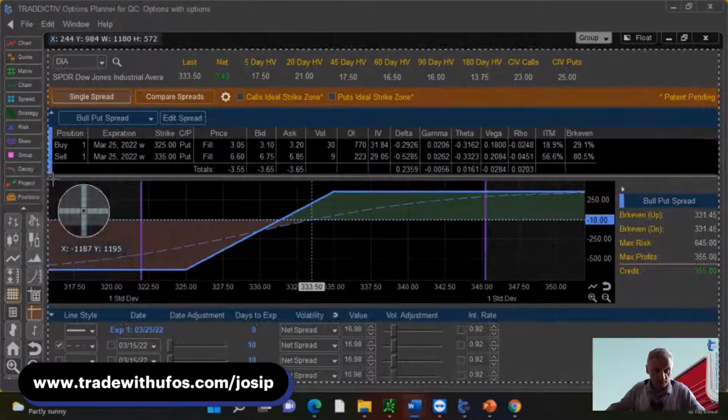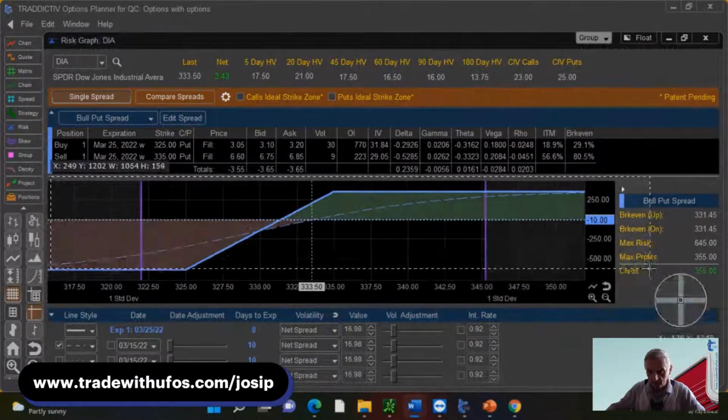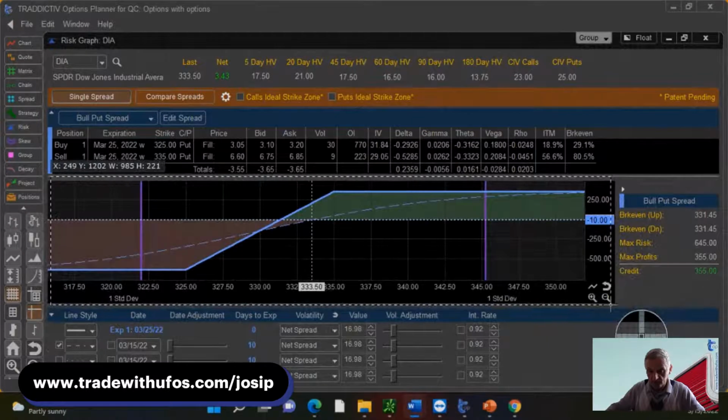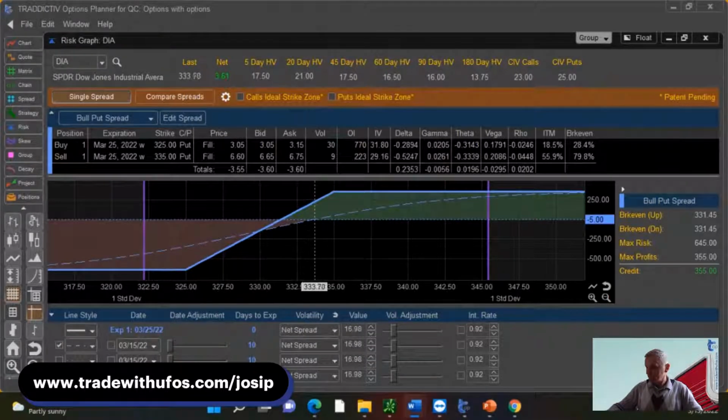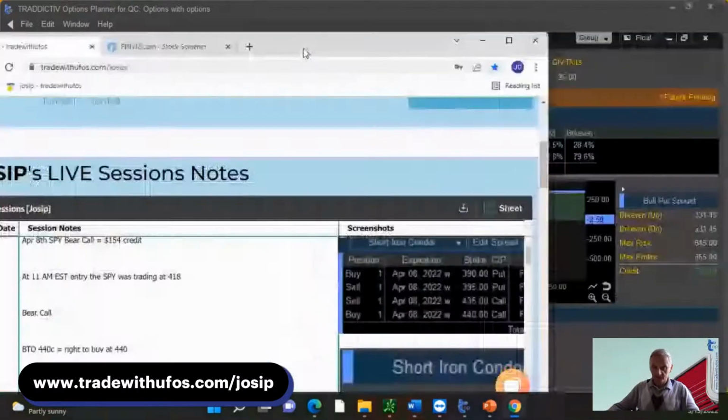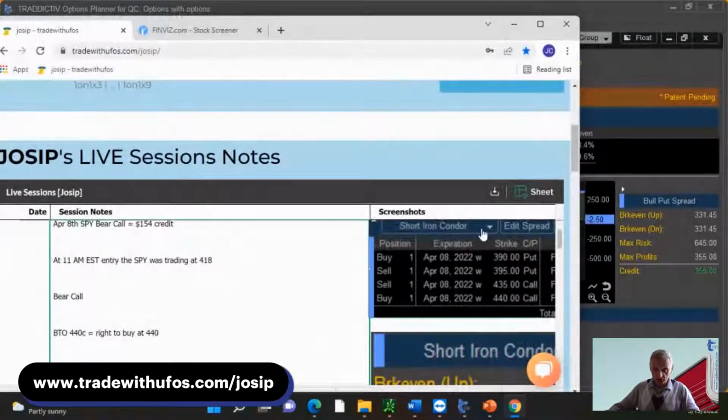Actually, I want to capture also the numbers, so you would have that. And the last thing I'm going to do here before I move to the Tesla trade is the actual layout of what was traded, just like I had in this one, where it says short iron condor.